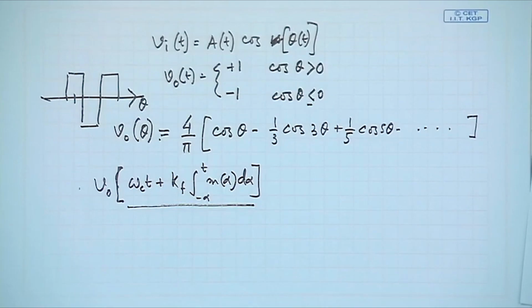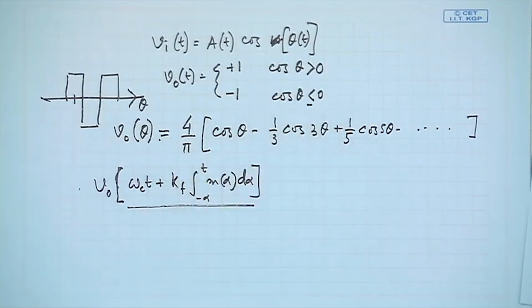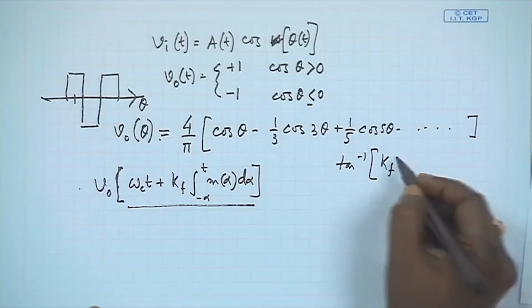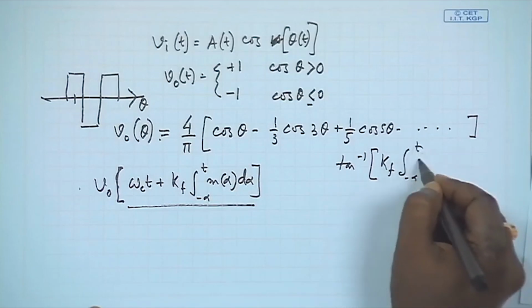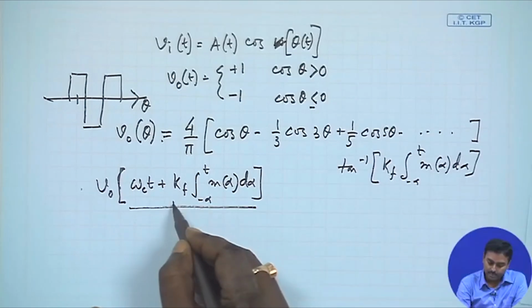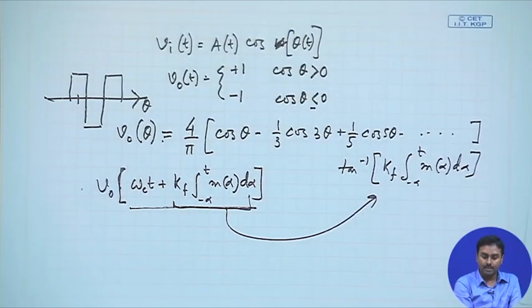Tan inverse of kf into at, I do have that, but let us say that probably this is the case. Instead of this, I can always write it as tan inverse of kf into this, which is at actually, integral from minus infinity to t of m alpha d alpha. I can even replace this particular part with this, the rest of the part will remain the same, omega c t.